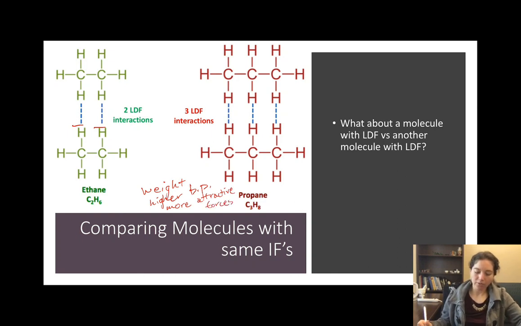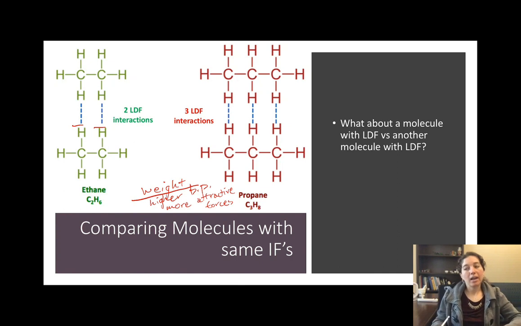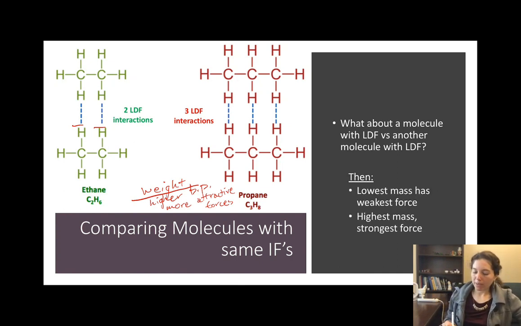So the more attractive force, the higher the boiling point, and this usually comes by differences in weight if you aren't looking at your different types of intermolecular forces. So in general, you can remember that something with the lowest mass has the weakest force if they have the same type of intermolecular force. Highest mass, strongest force. That's only if it qualifies. Otherwise, the types of intermolecular forces will dictate which one has the higher boiling point.